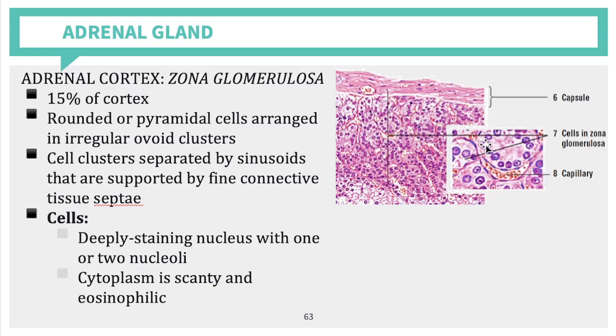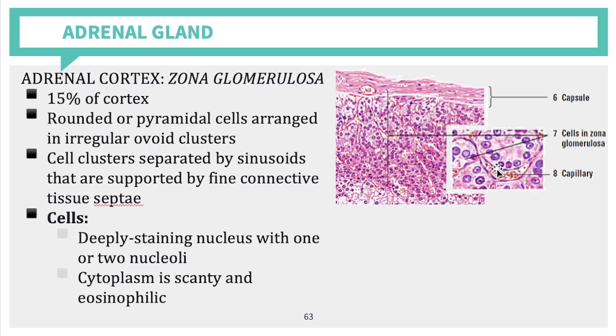How will we know that that's going to be zona glomerulosa? Because you see rounded or pyramidal cells arranged in irregular ovoid clusters. Cell clusters are separated by sinusoids, supported by connective tissue septae.